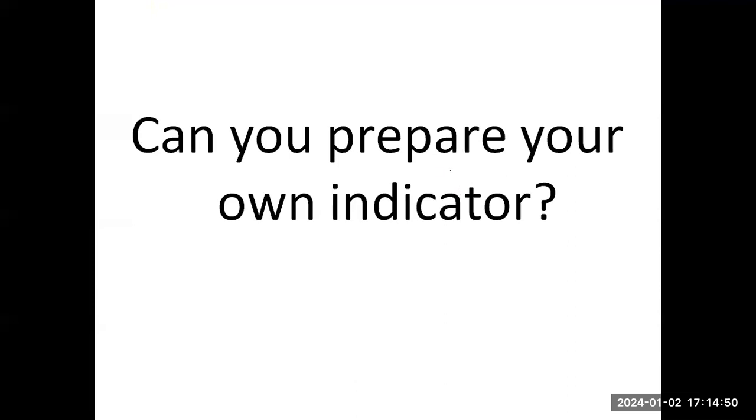Now, preparing an indicator of your own. It is easy, simple to prepare an indicator at home. You need a few things. Basically, you can have either a red cabbage or beetroot. Any of these you can use.